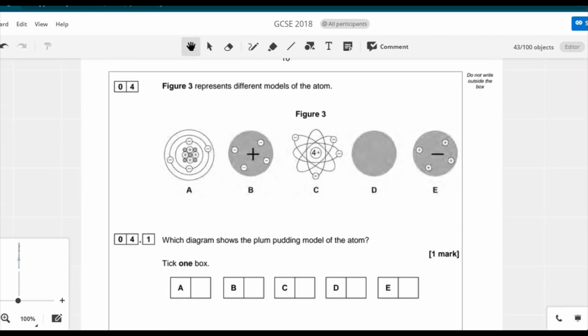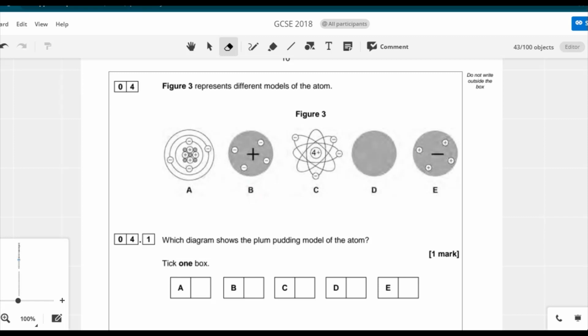Question number 4. Fig 3 represents different models of the atom, A, B, C, D, and E. The question is, which diagram shows the plum pudding model? As we know, the plum pudding model is here, B. Why?